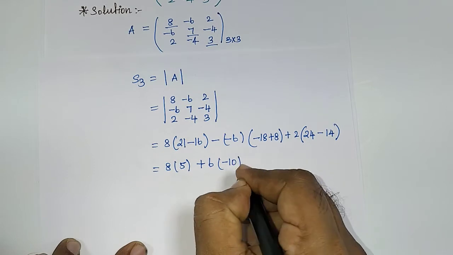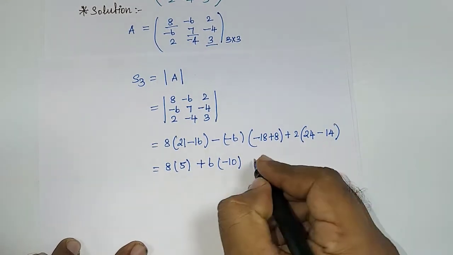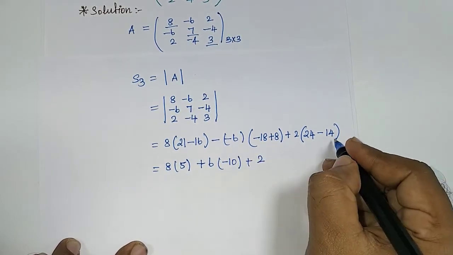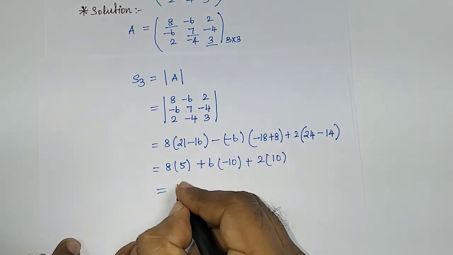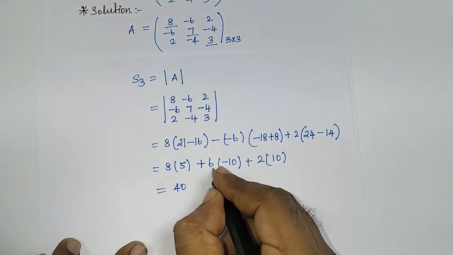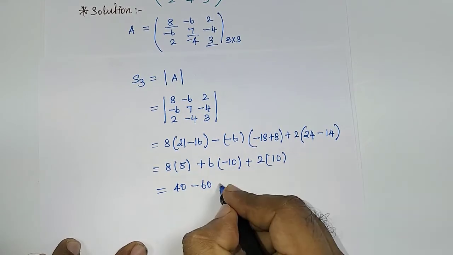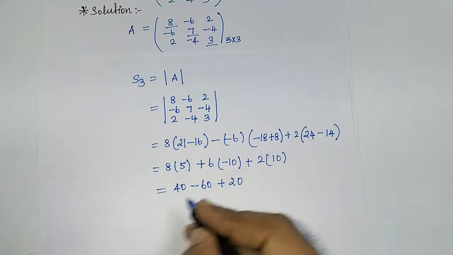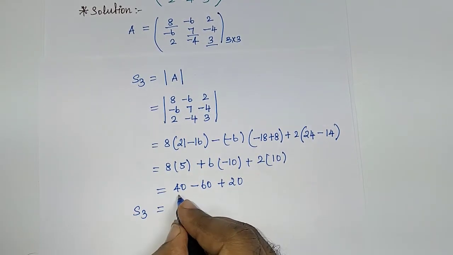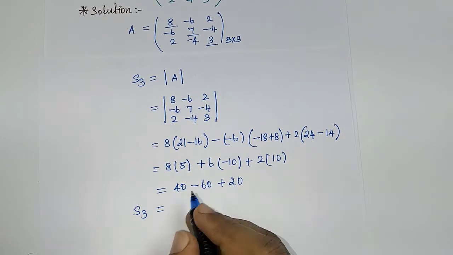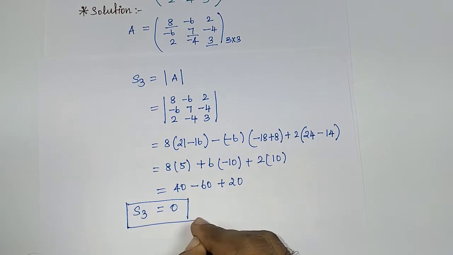Simplify this: 8 into 21 minus 16 is 5. Minus into minus is plus 6, and minus 18 plus 8 gives minus 10. Here 2 into 24 minus 14 gives 10. 8 into 5 is 40, 6 into minus 10 is minus 60, 2 into 10 is 20. So our S3 answer is 40 plus 20 is 60, 60 minus 60 is 0.